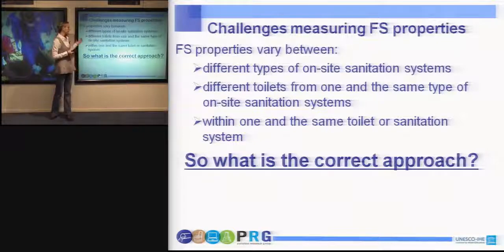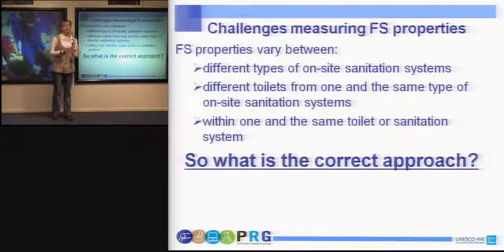But also, if we take the sludge coming from one and the same type of on-site sanitation facilities, but from different toilets, we can observe a high variation as well in the properties, depending on the number of users, the load, etc., factors that we mentioned early on.